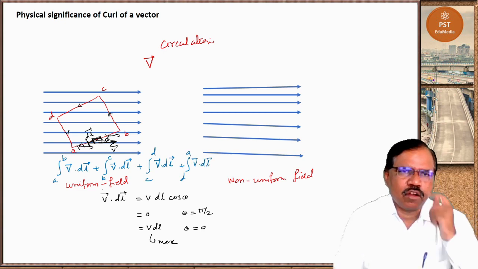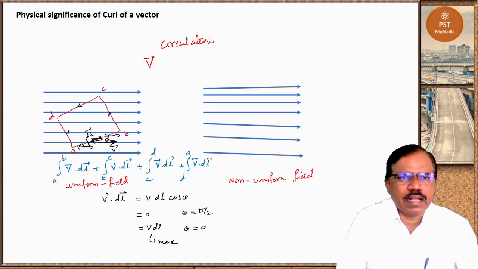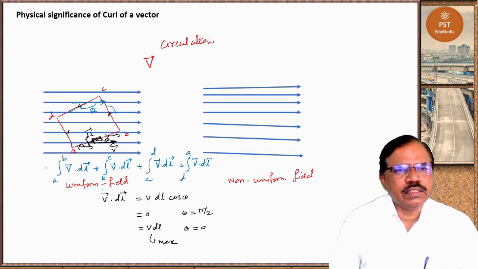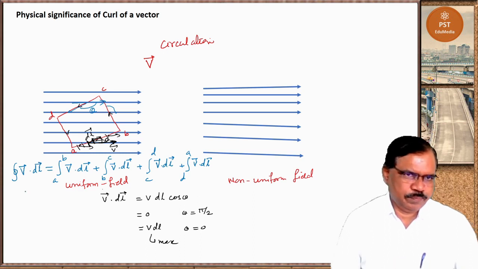Now if we see along BC, the angle between the vector field and the length element may be different. Here, this is the direction of dl and this is the direction of v. So this is the angle. In this way we find integration v dot dl along a closed path.